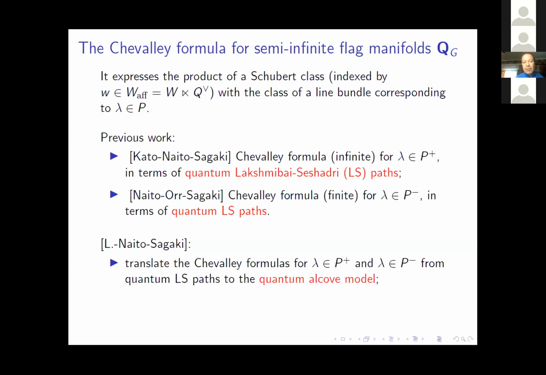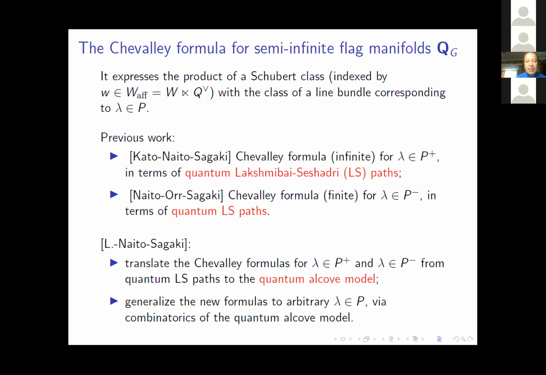We translate them to the quantum alcove model, and then we combine them to get a multiplication formula for a line bundle corresponding to an arbitrary weight.